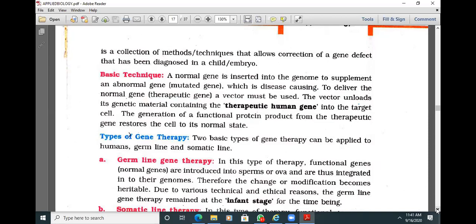The vector, the carrier we used, unloads its genetic material containing the therapeutic gene. That means a new ADA gene will be inserted into the target cell, that means a bone marrow cell. The functional protein, the adenosine deaminase enzyme, is produced from the therapeutic gene, the treated gene, and restores the cell to its normal state.